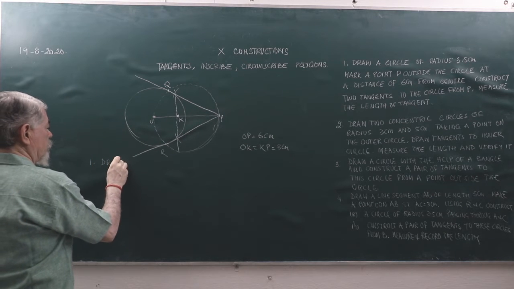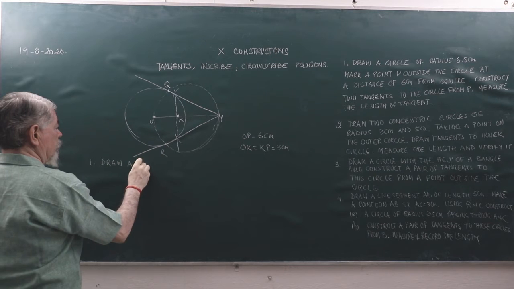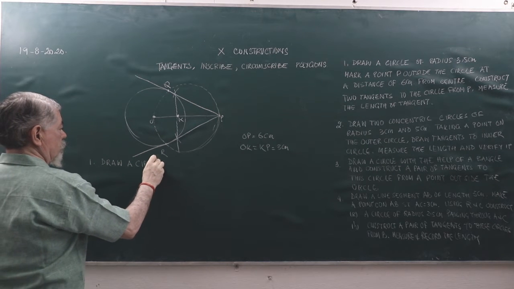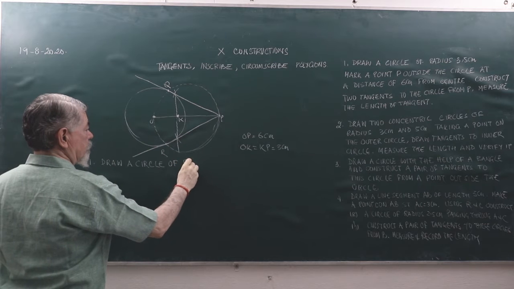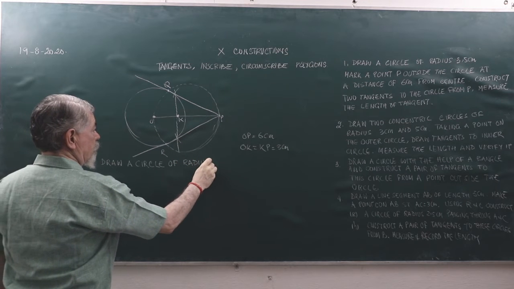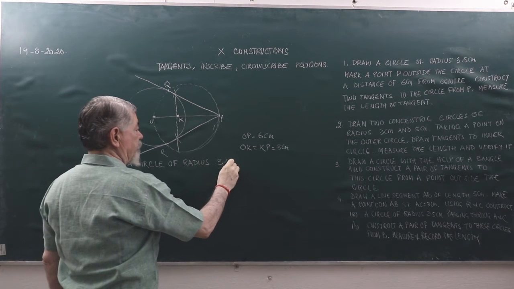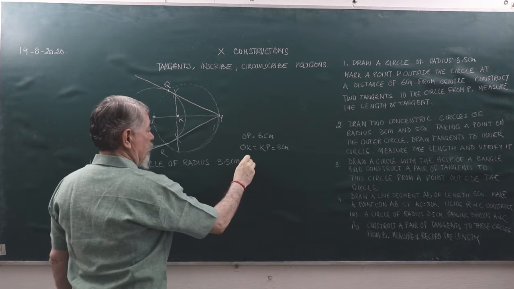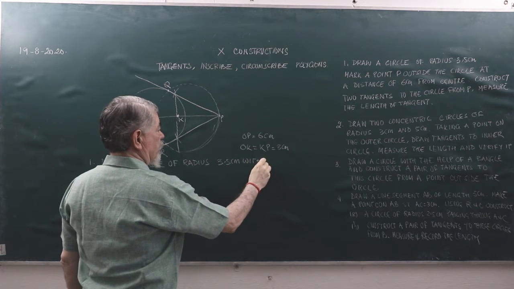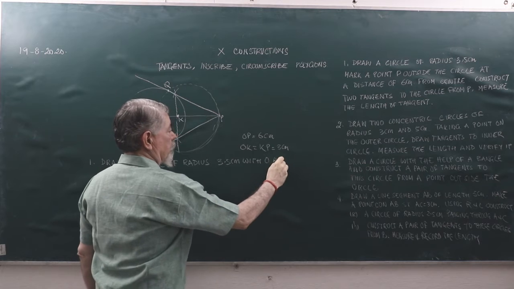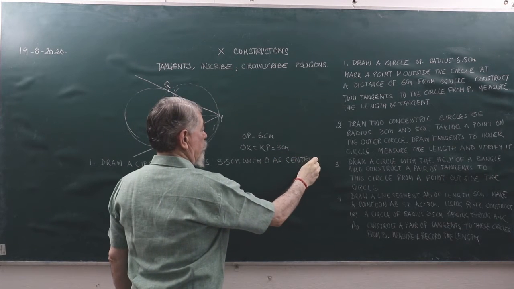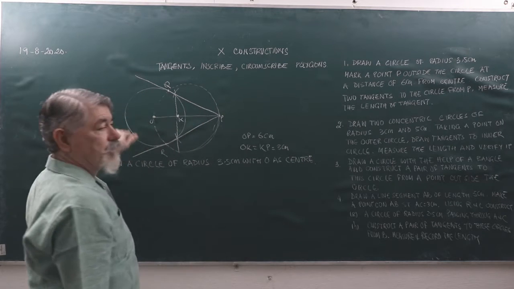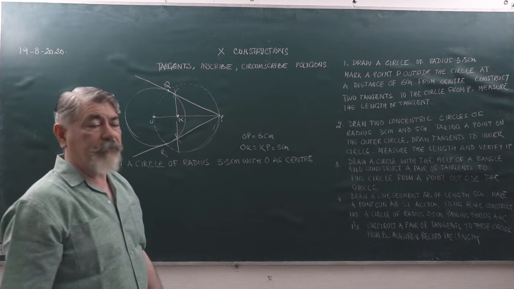Draw a circle of radius 3.5 centimeter with O as center. We've taken O as center and drawn a circle of 3.5 centimeter.